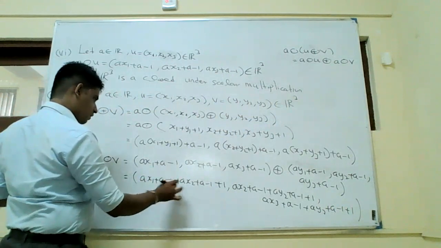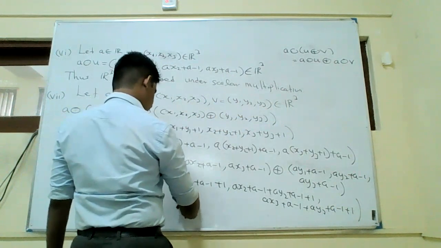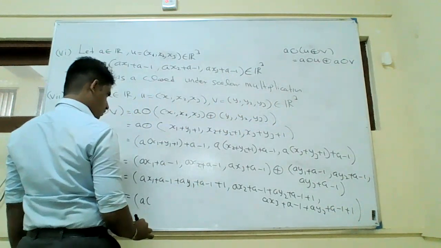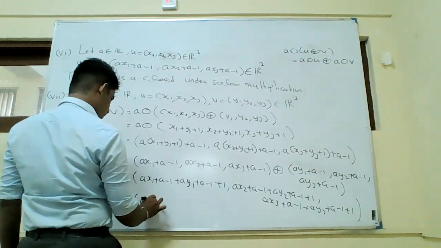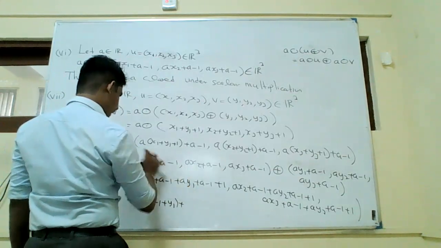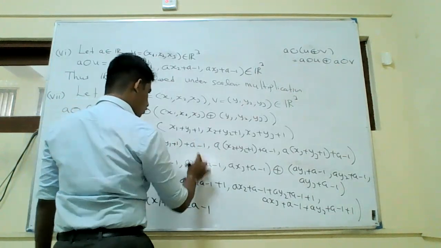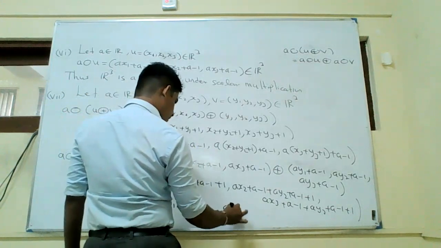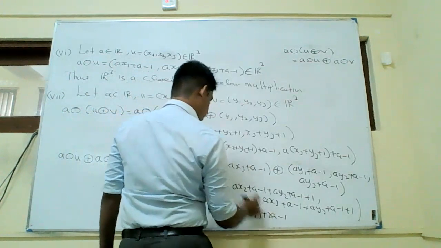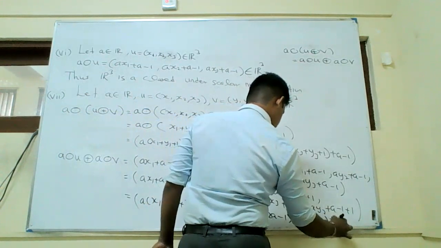Here x1, sorry, here y1, then here x1, here y1, here a, that means 2a. Here minus 1, minus 1, minus 2 plus 1, again minus 1, here also minus 1. Then x2 plus y2 plus 2a minus 1, here 2a minus 1, ax3 plus y3 plus 2a minus 1.